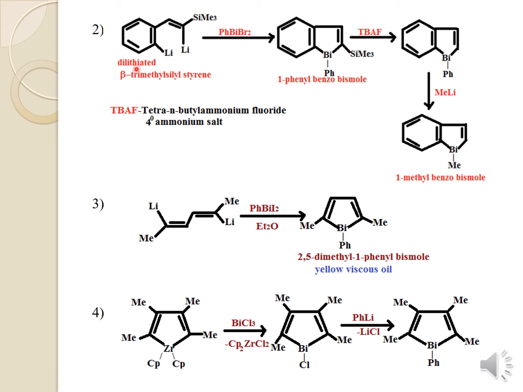Here if you will see, we are taking the dilithiated beta-trimethylsilyl styrene. When this starting material is treated with dibromophenyl bismuth, 1-phenyl-benzobismole is obtained. Here the lithium bromides get cleaved out with the formation of 1-phenyl-benzobismole.